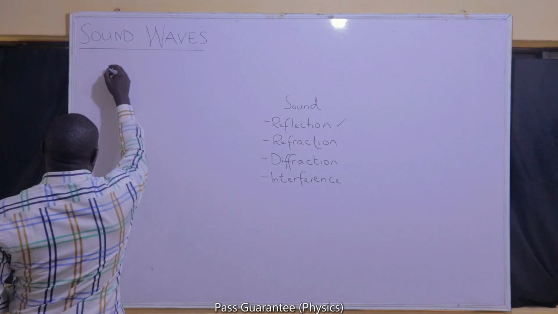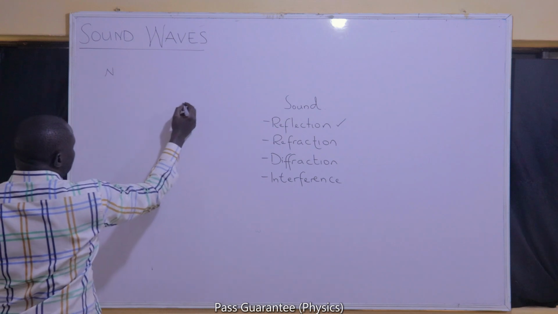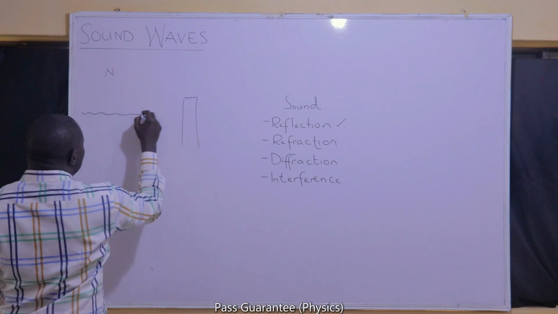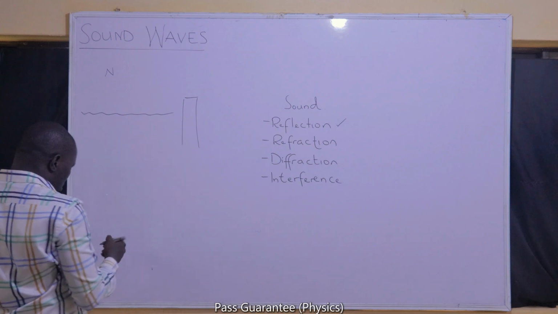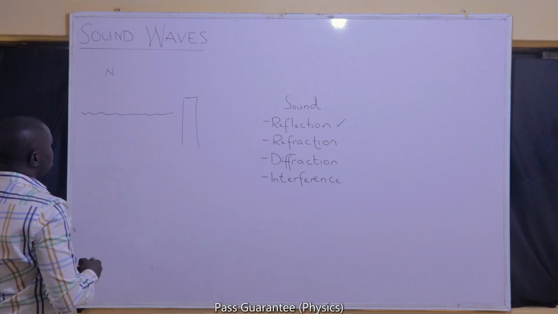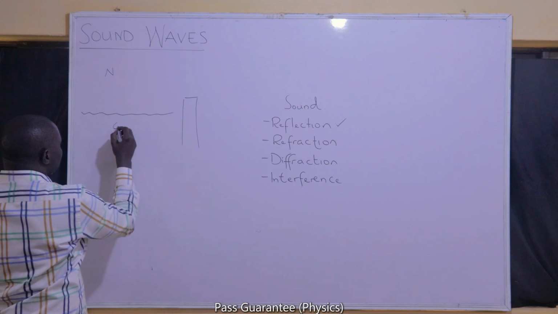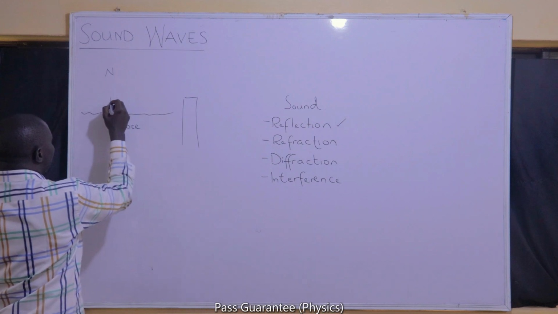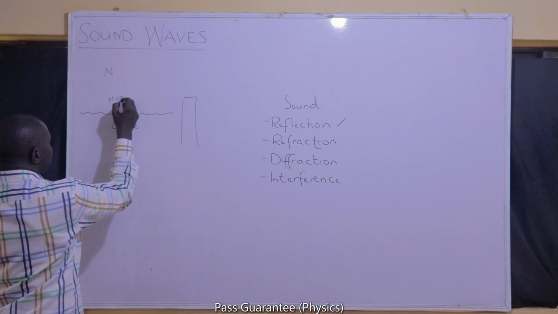During the night, we expect that the air layer that is closer to the ground is colder, while the air layer that is above is hotter.